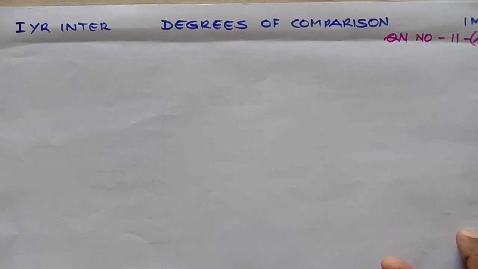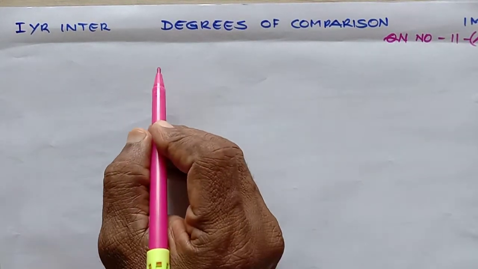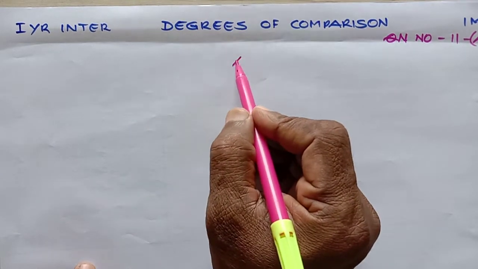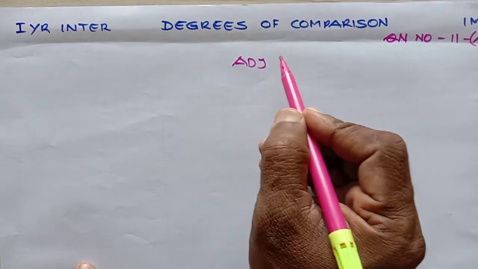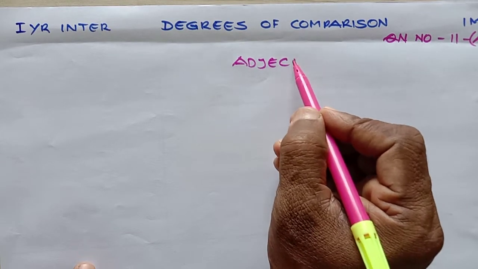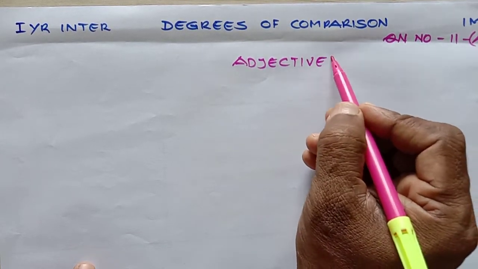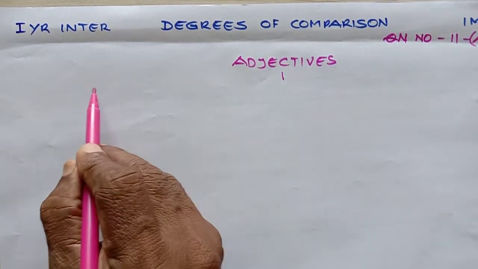Degrees of comparison is meant for adjectives. We know pretty well about adjectives. Adjectives qualify nouns, is it not? Adjectives have 3 degrees of comparison.